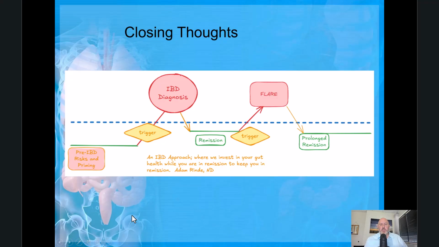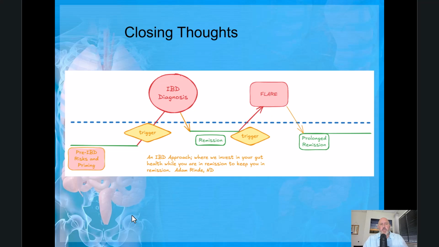So closing thoughts, where does this fit in the bigger picture of things? Whenever a patient comes to me with IBD, I'm always thinking, what is my role and how do I support this patient best? I really respect the overall team approach to IBD, and I know that there's only so much that the GI team can get to. I'm thinking about how to make remission work really well and keep people in remission, and address things that are taking place in the remission state that could potentially lead to a flare.